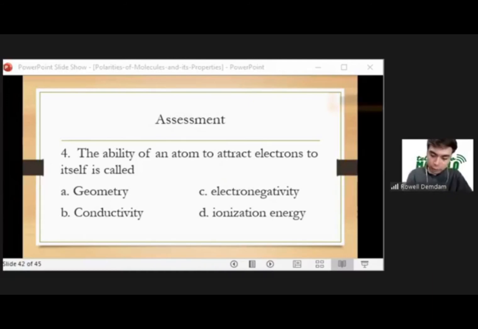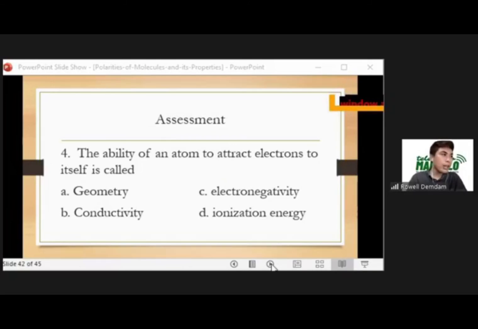I thank you, Charles, for consistently participating. So the correct answer is letter C, correct again. So letter C, electronegativity, is the ability of an atom to attract electrons to itself.